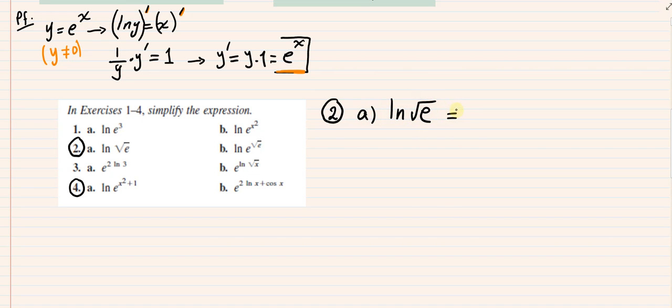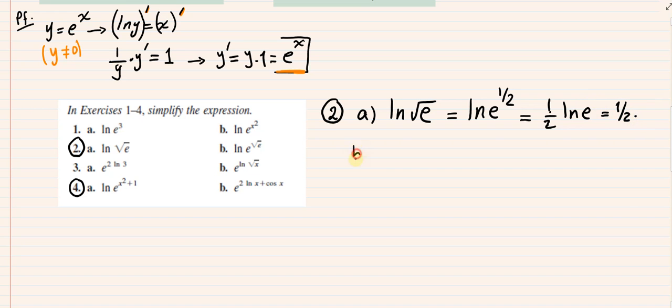So we can rewrite the square root as e to the 1/2, and then use the power rule of the natural logarithm to bring the half in front. This becomes 1/2 ln of e, and the natural log of e, of course, is 1. So this is going to be 1/2.